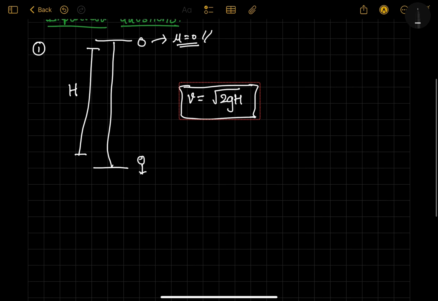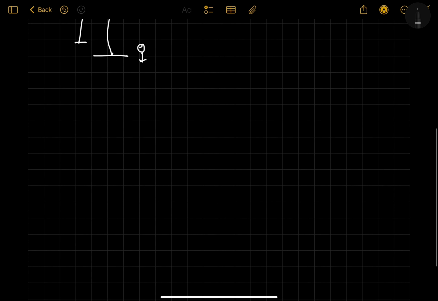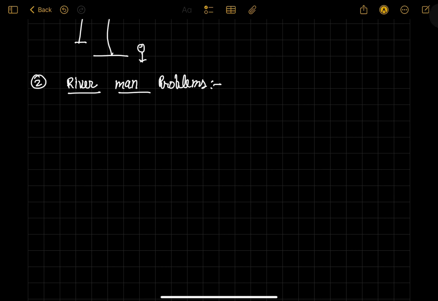The next thing we are going to discuss is the river-man problems. River-man problems are generally asked in the exam, so these also make an important concept from this chapter.